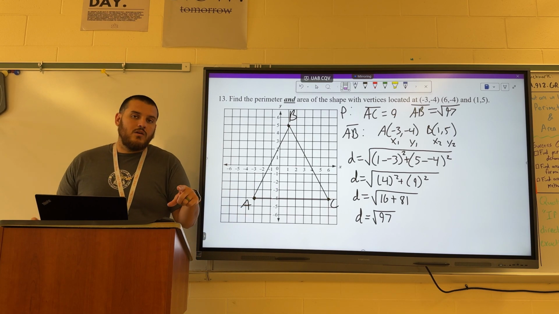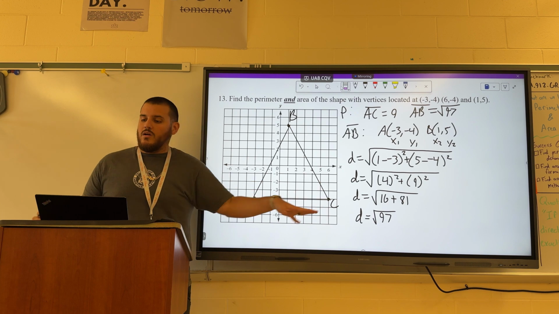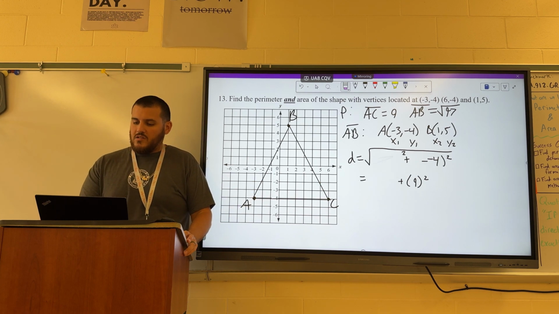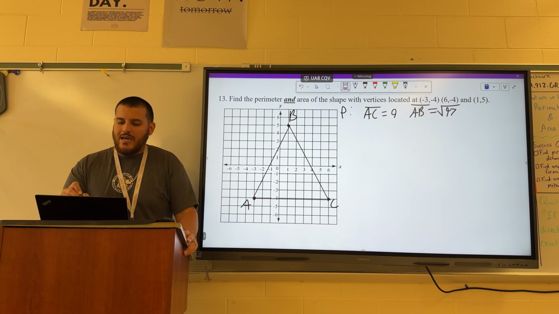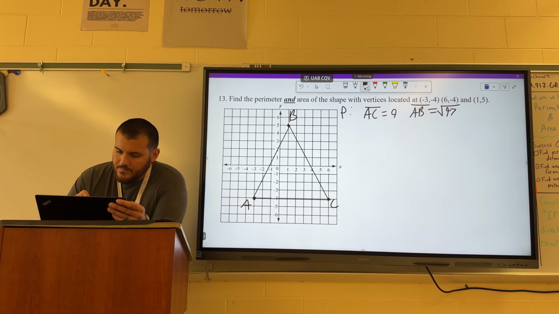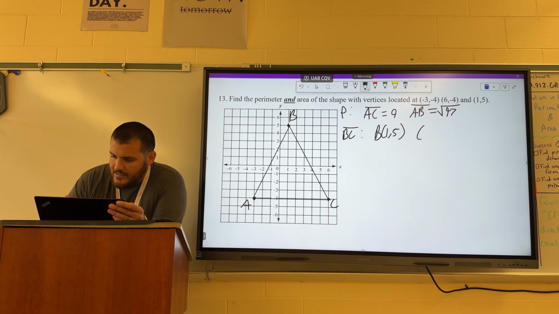Again, when you're doing a quiz or a test, make sure you're keeping all work on the paper. I'm going to erase this just so that we can fit the rest of my work on screen. So that was side AB. Next is side BC. So again, staying organized. I'm saying, hey, here's my work for side BC. Point B, again, is at 1, 5. Point C is at positive 6, negative 4.